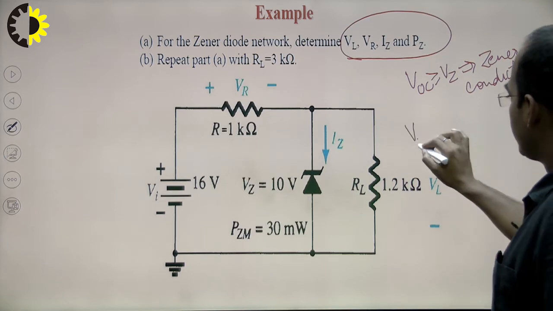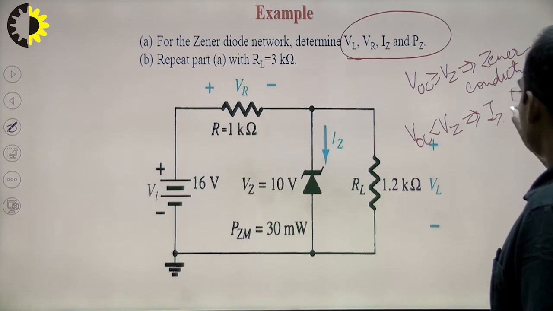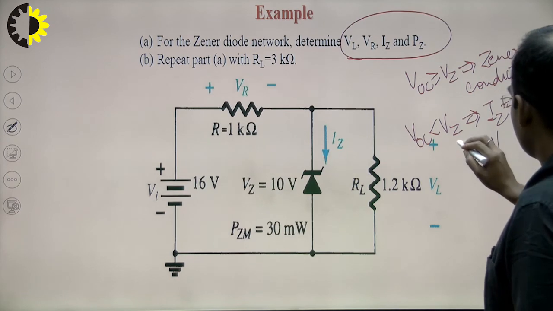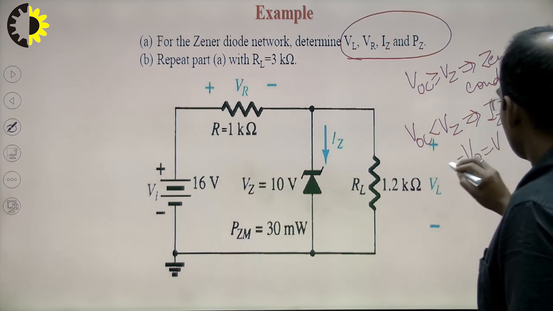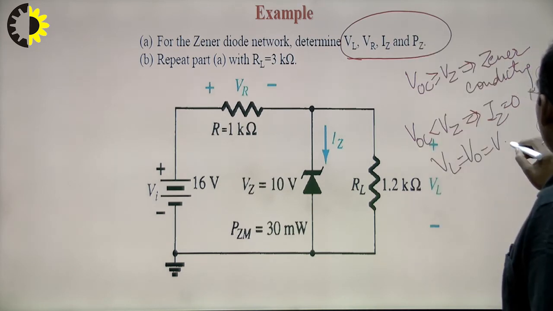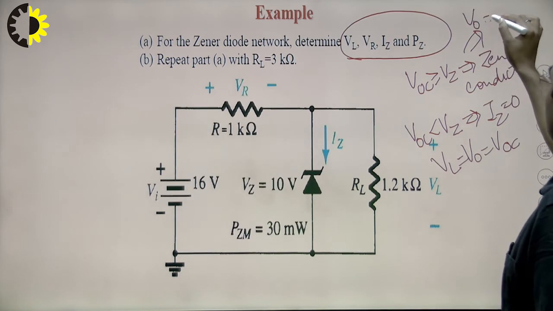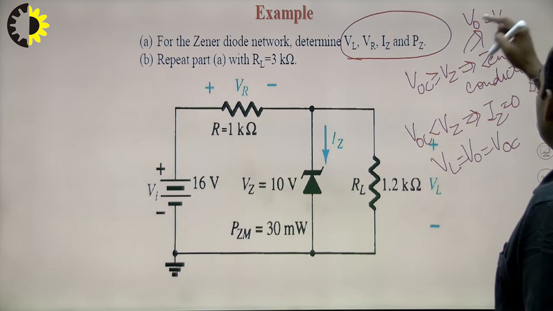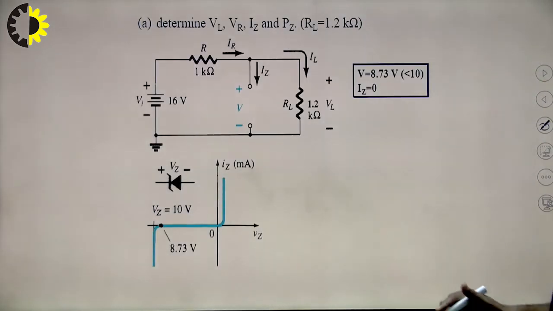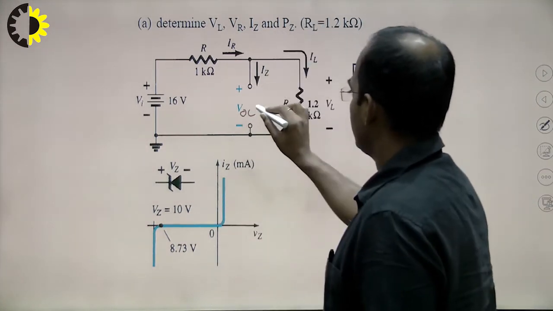If VOC is less than Vz, it means Zener is not conducting, Iz is equal to 0 and V0, or you can say VL, is equal to VOC. So first of all, by removing this I will find the value of V. Here I have written V, so you can consider here VOC, open circuit.